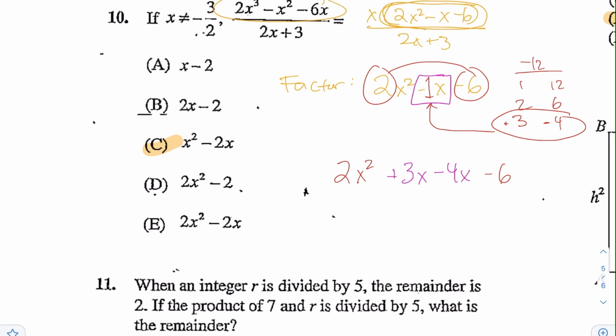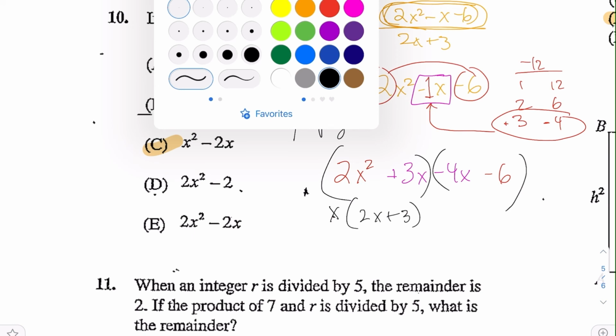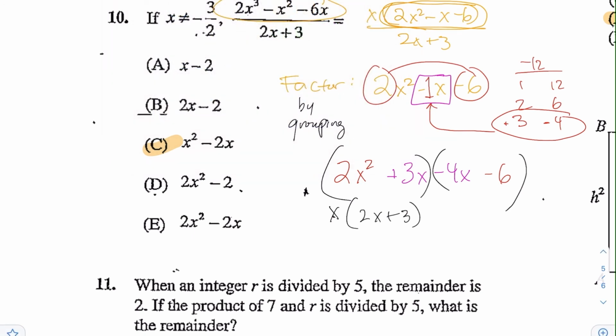But once you split it up into two different terms, you can do factor by grouping. And here's where the factor by grouping comes in. You group these into two separate terms and just factor them individually. In the first two, you can factor out an x, and that'll give you 2x plus 3. In the second two, you have to factor out negative 2, and that will give you 2x plus 3.